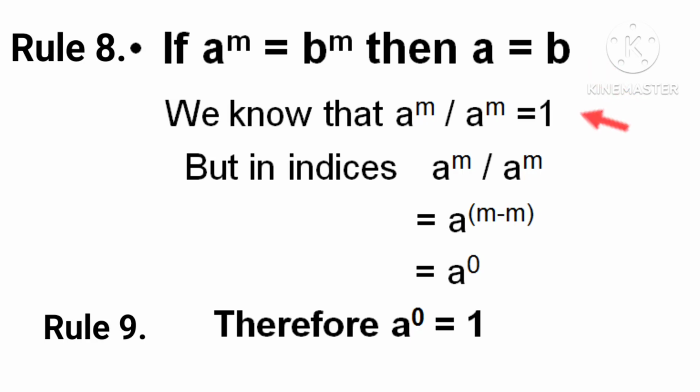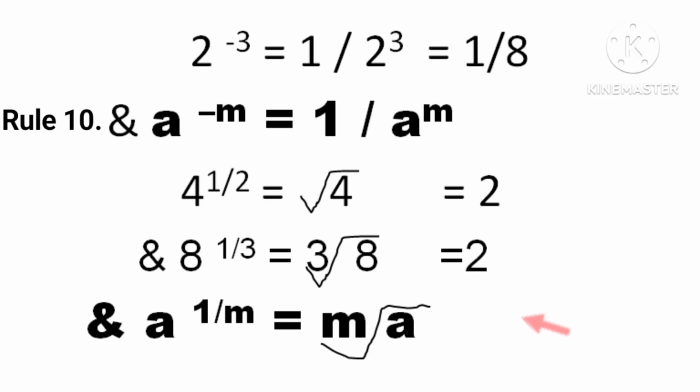Rule 9. We know that a raised to m divided by a raised to m is equal to 1, but we also know that it is equal to a raised to m minus m, which is equal to a raised to 0. Therefore a raised to 0 is equal to 1. 2 raised to minus 3 is equal to 1 upon 2 raised to 3, equal to 1 upon 8.